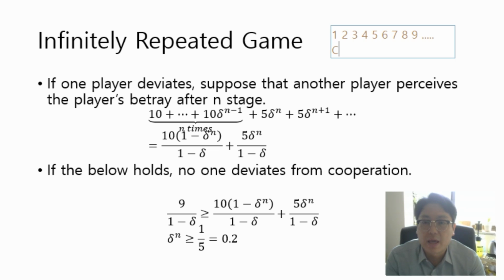They keep playing C and C and C. And maybe one player decides to deviate at the first stage with D, and the other player recognizes that this player is playing D only later, maybe after the second period and fourth period.